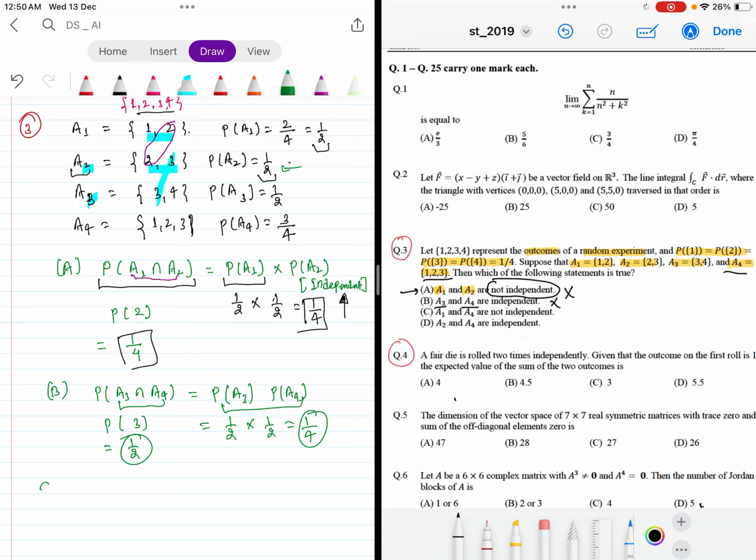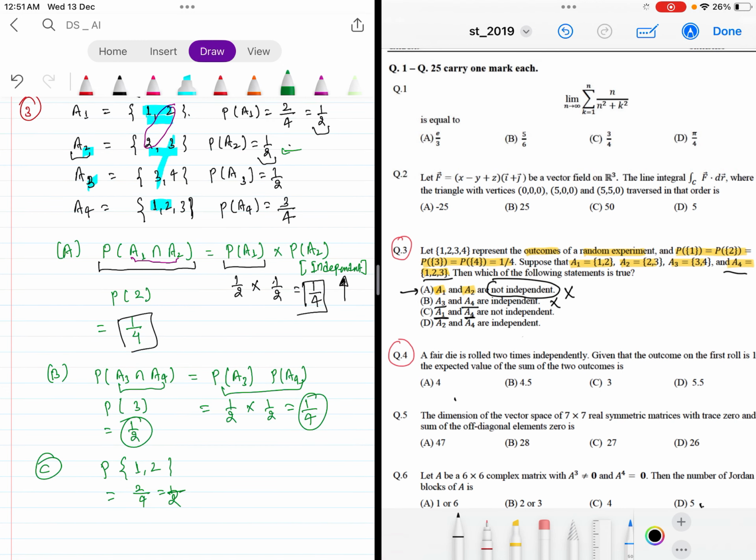Now let's check option C. In option C, we will have to check between a1 and a4, right? If you look at a1 and a4, the intersection is 1, 2. So here we will find that the probability of 1, 2 will be 2 divided by 4, that is 1 by 2.